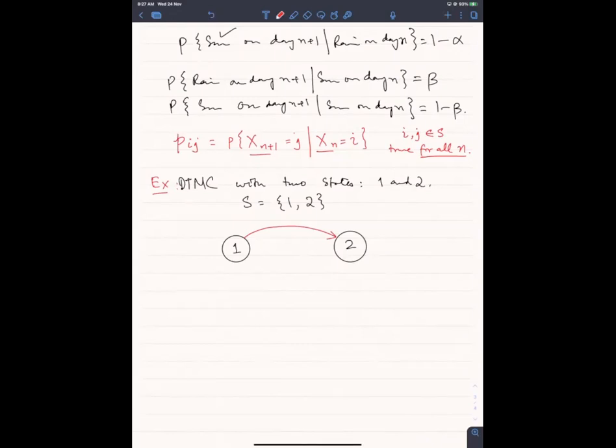And what is that probability? This is P12.